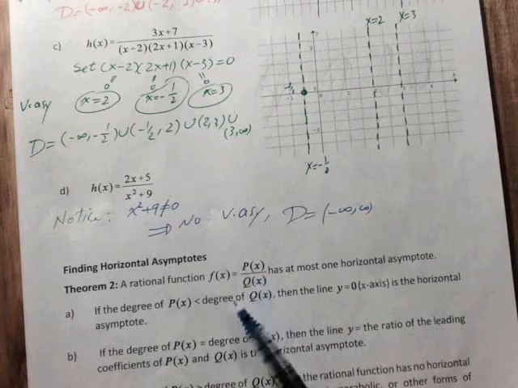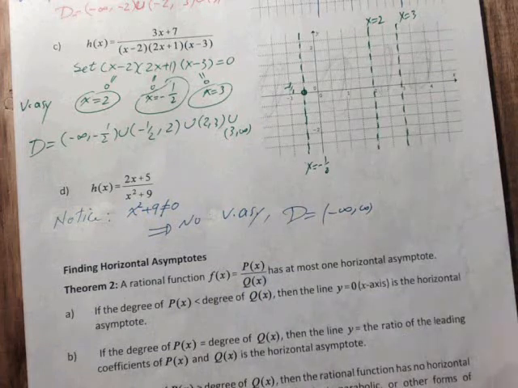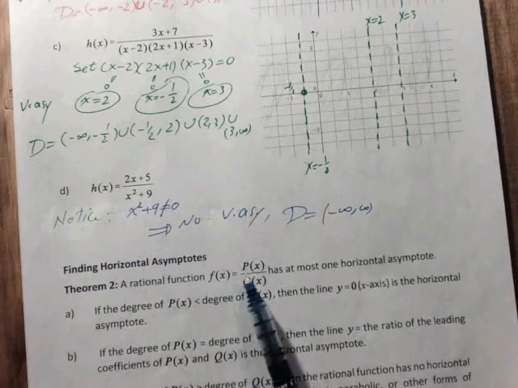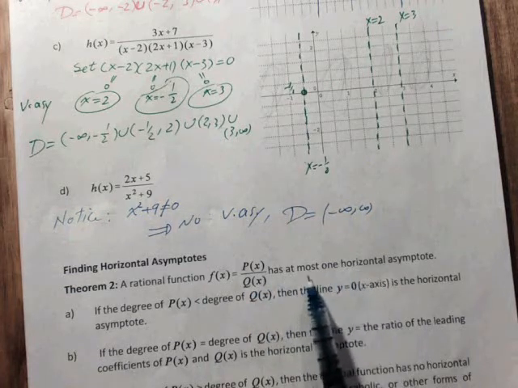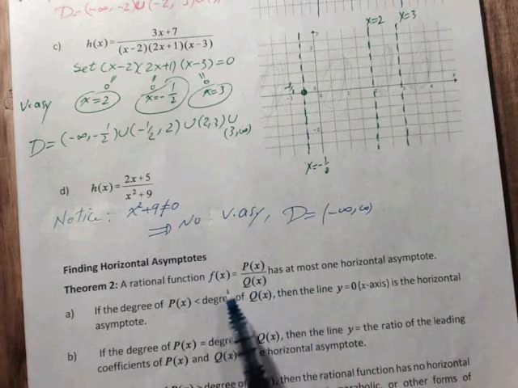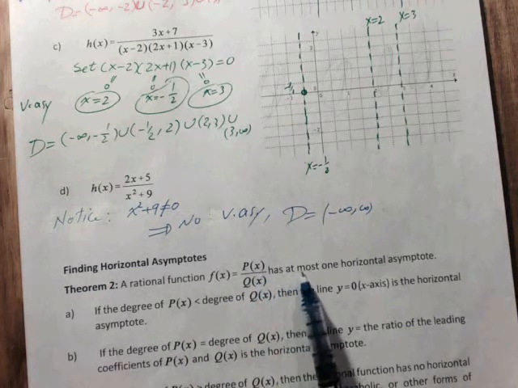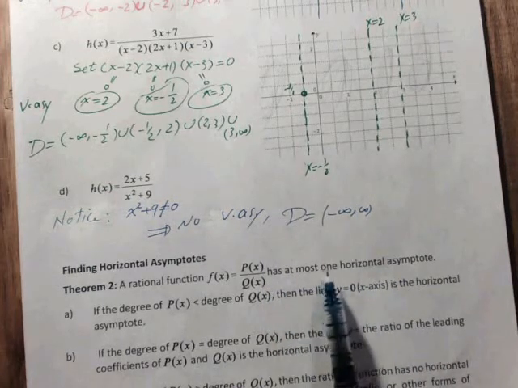If the degrees of P and Q are really big, then you may have some complicated types of asymptotes. But let's see what this theorem says. This theorem says if you have a rational function p of x over q of x, then it has at most one horizontal asymptote.